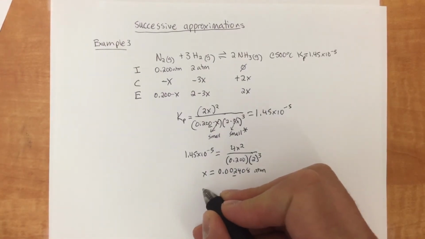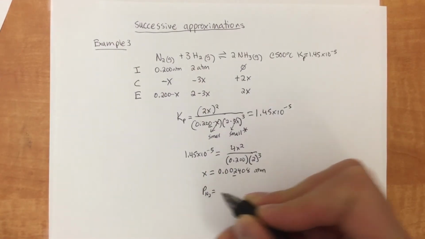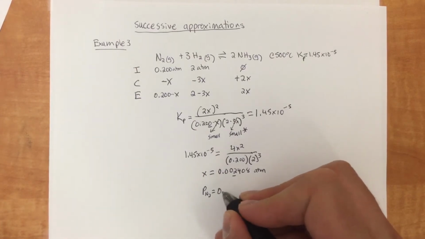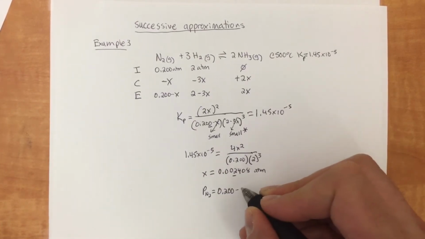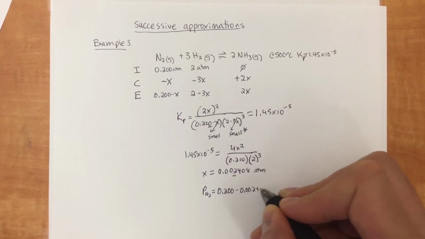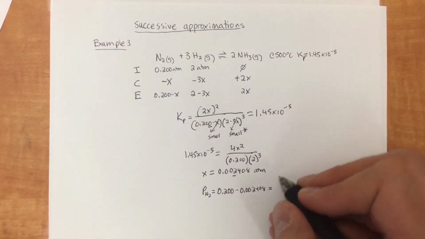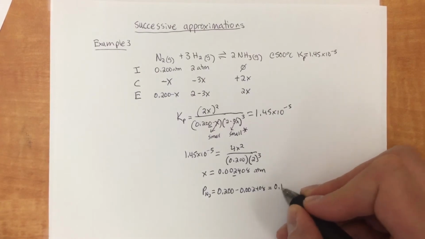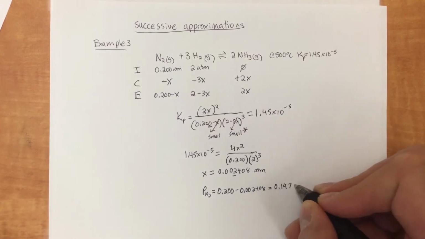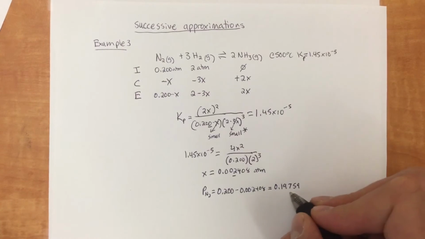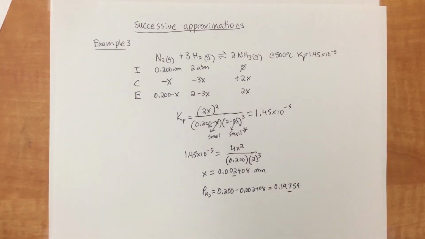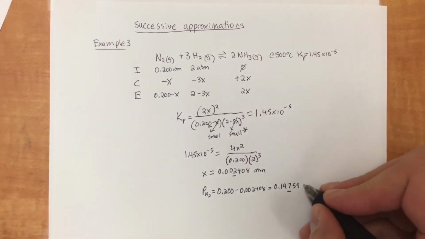Indeed, when we calculate the partial pressure of N2, we have 0.200 minus 0.002408, and our value equals 0.19759, where our number has indeed changed.